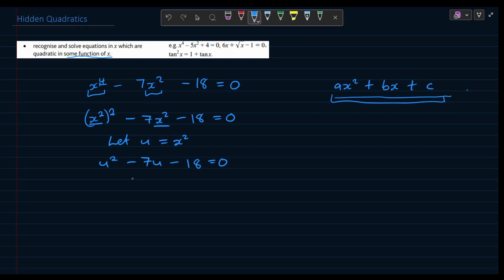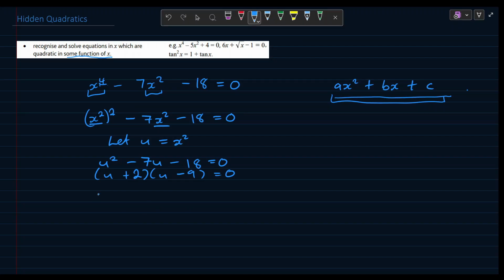At this point you can use whatever method you prefer to solve the quadratic. I will factorize. We've got u and u here, and we want factors of negative 18 that add up to give negative 7. That's going to be negative 9 plus 2.